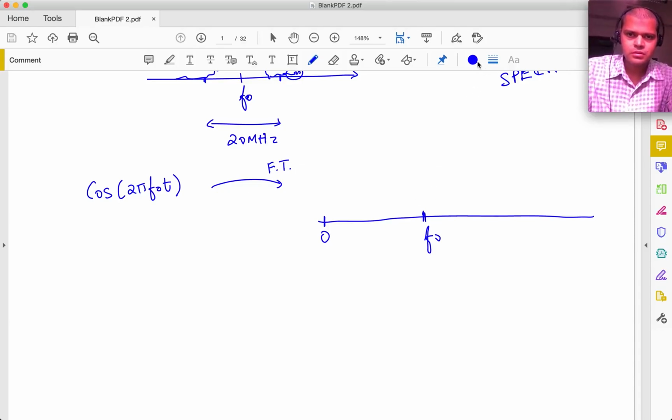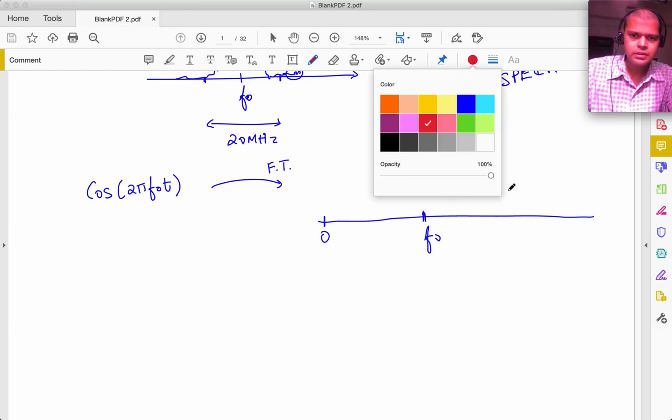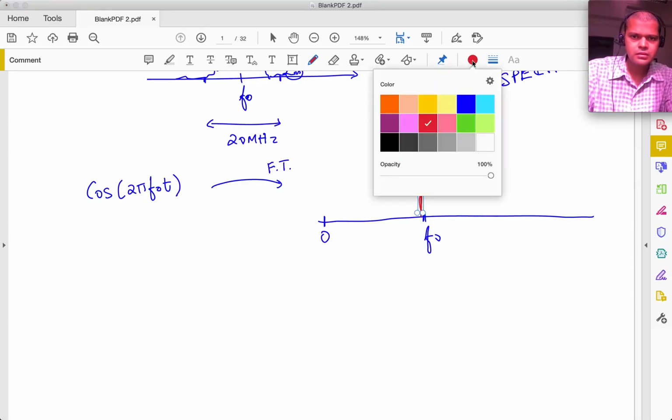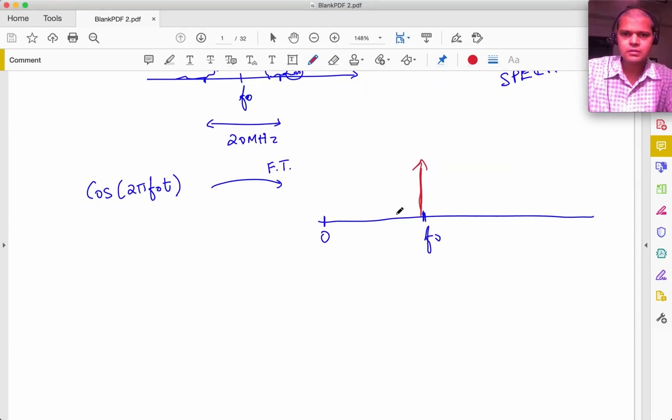So this particular sine wave will have, in theory, all its energy concentrated at F0. So this is good.